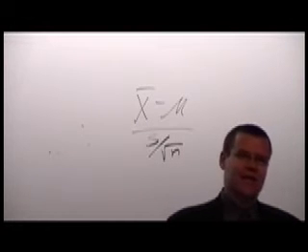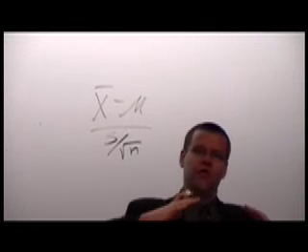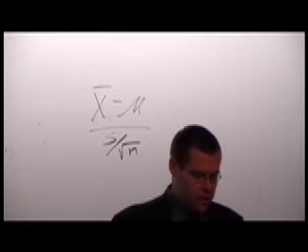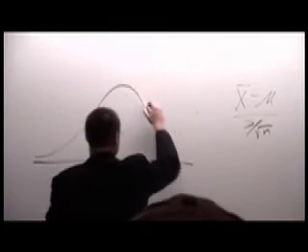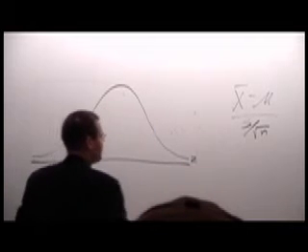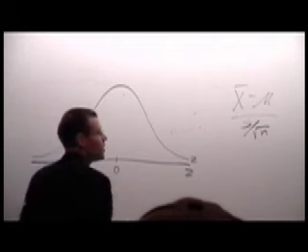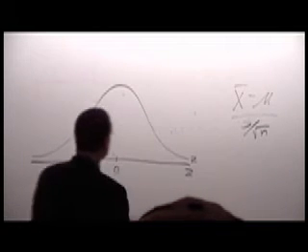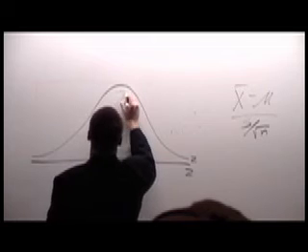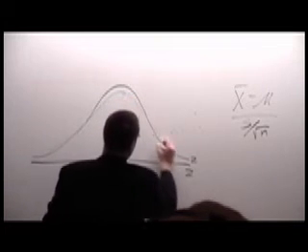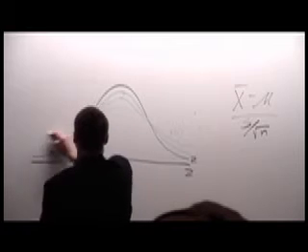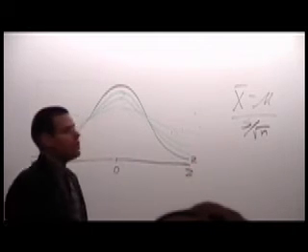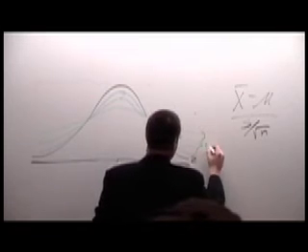And in fact, what ends up happening is that instead of a normal distribution, you get something with slightly fatter tails. And that something is called a t-distribution. It looks very similar to the normal. This is the normal. Except, like I said, it has fatter tails. These are t-distributions.